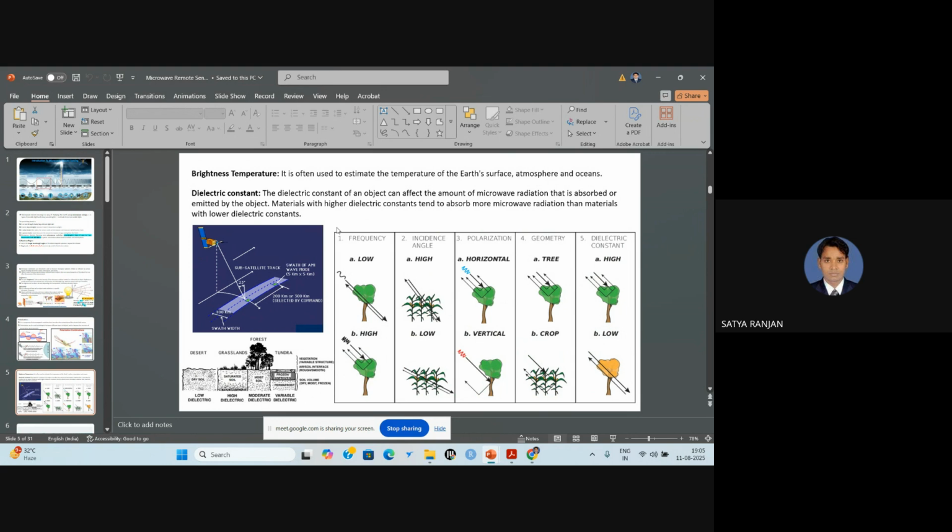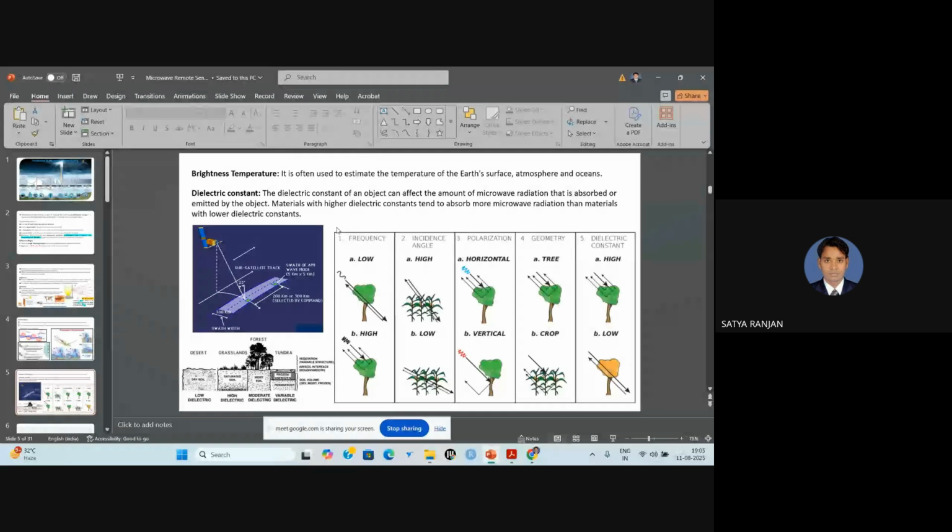Based on the different chemical compositions and different materials present on the earth's surface, different features behave in a different way with the electromagnetic radiation or the microwave radiation. Based on the chemical compositions, some can absorb more and some can reflect more. So this is the dielectric constant of the object.